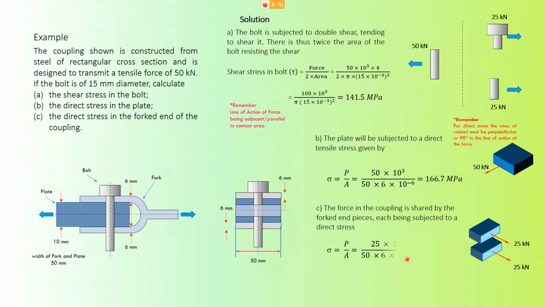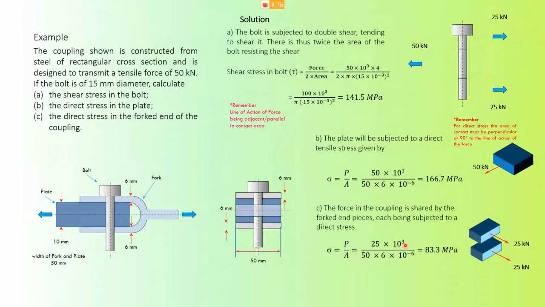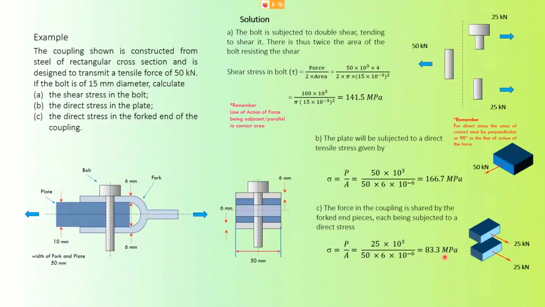So the stress is force over area. The force here is 25, so 50 times 6 for the area. This is 50, this is 6. So this is correct, this is wrong. Yeah, this is 10, this is 6. So you get 83.3 megapascal. So that is the answer for sections A, B, and C. Okay, everyone.